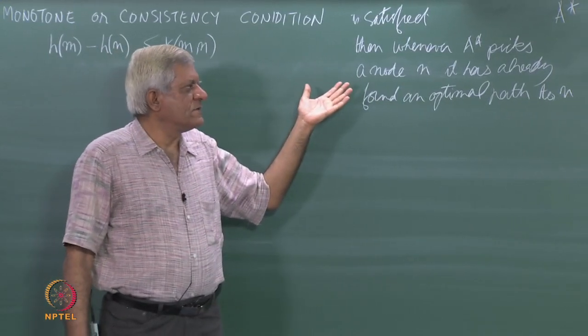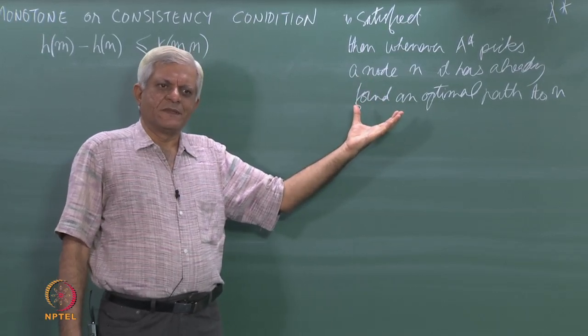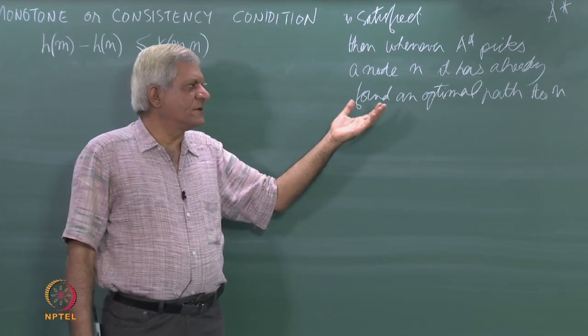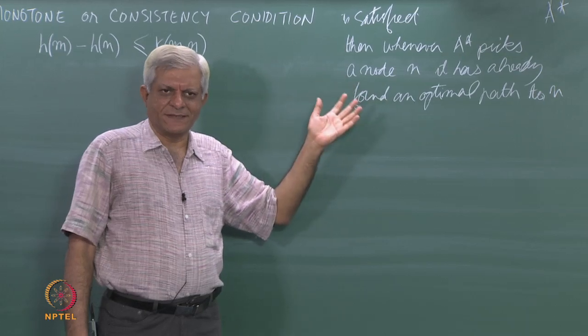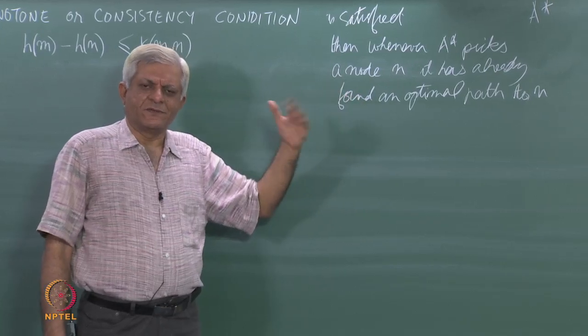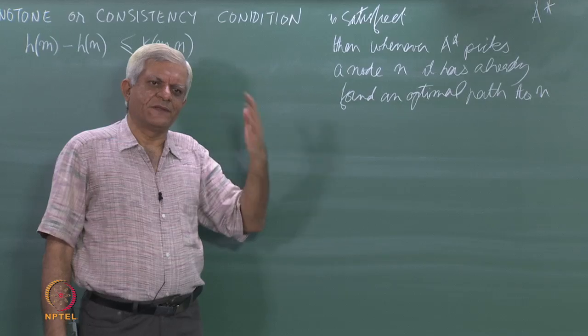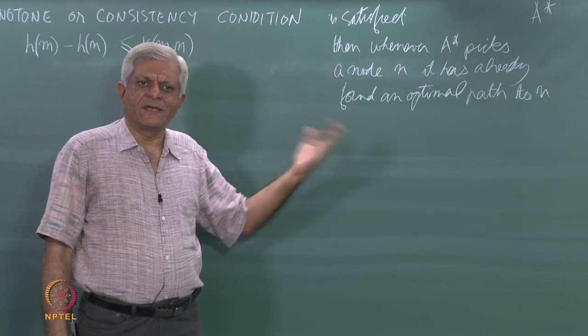So, the implication of this statement, if it were true, is that the moment it puts a node into closed, it has already found the best, optimal path to it, which means you do not have to revise that path. So, the third stage of that revision process we can do away with.